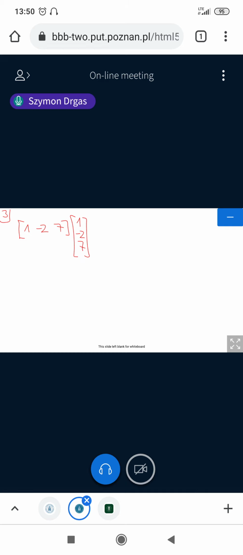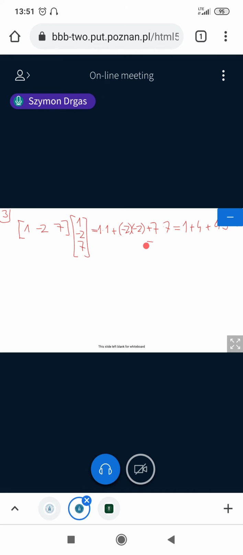This is like writing a dot product of these two vectors with the same components. So the result is 1 times 1 plus negative 2 times negative 2 plus 7 times 7. So it's 1 plus 4 plus 49.